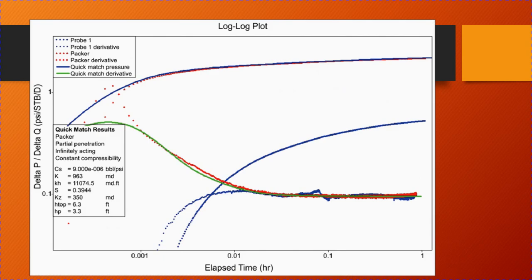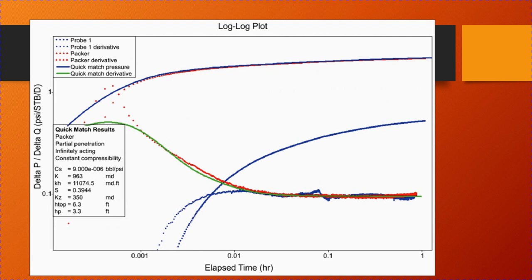We can show some examples of performed matches. Here you have, as mentioned, the CS, so wellbore storage, permeability, conductivity, skin, vertical permeability, for instance, and all these results are the typical results on which we will have our uncertainty analysis run.